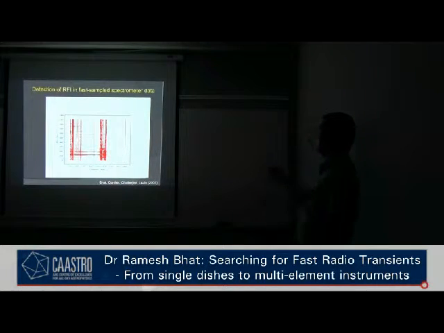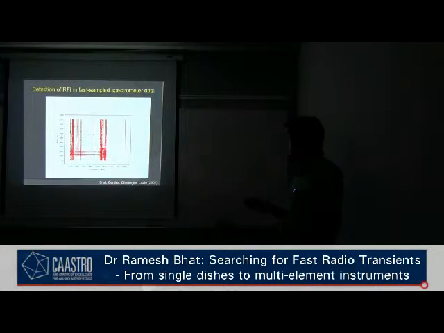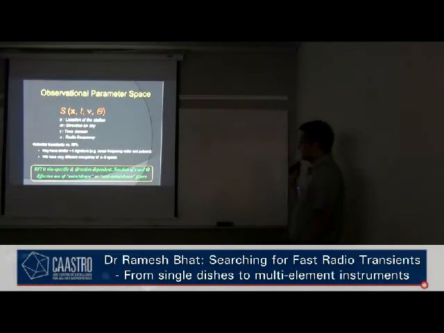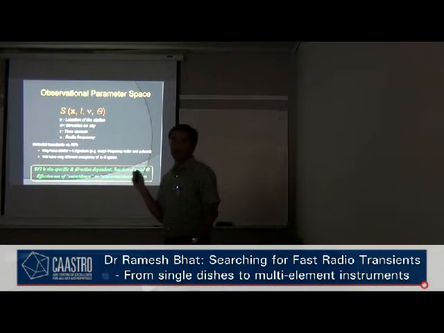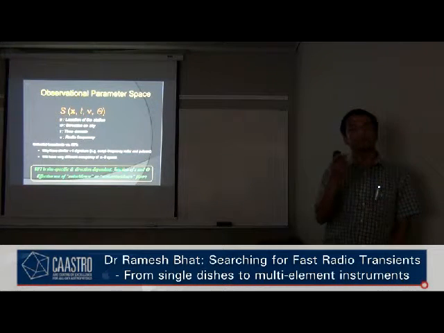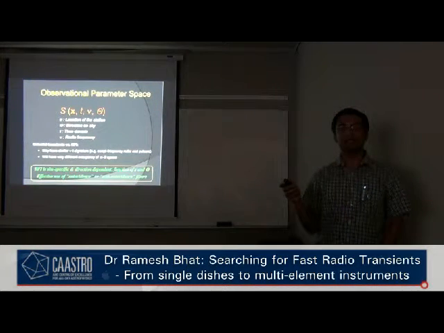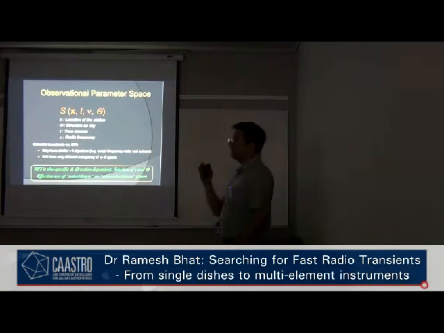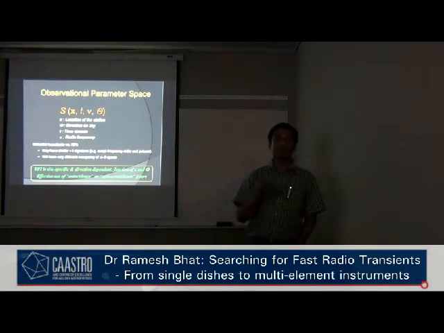So this is just a simple algorithm to illustrate that you can have a large bunch of RFI in the data. But the key to working around the RFI is that, while it is possible for RFI to mimic some of the signatures of an astrophysical signal, at least in time-frequency space, it may not be that easy when you start characterizing your observational space in terms of location and direction.